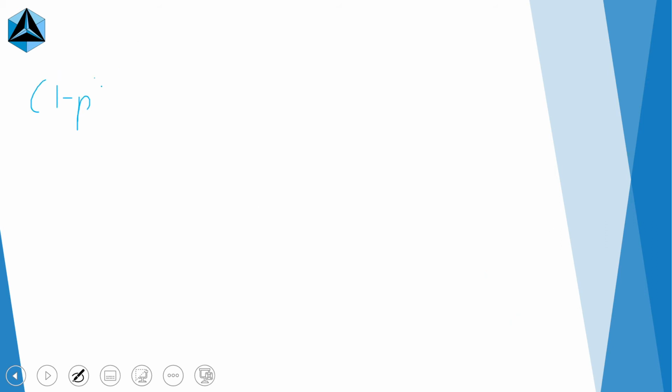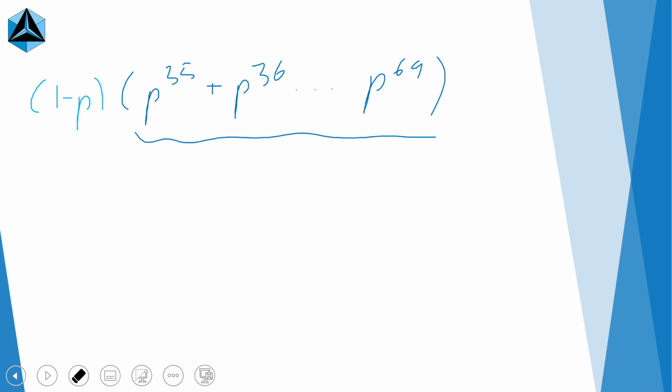Let me rewrite this on the next page: 1 minus p times p to the 35 plus p to the 36 all the way to p to the 69. The inside of the parentheses looks a lot like a geometric series. Since p has to be bounded by 0 and 1, p to the 35 is going to be greater than p to the 69.